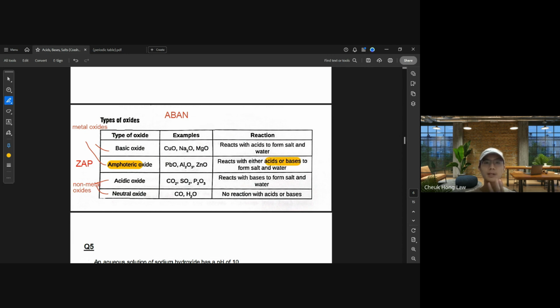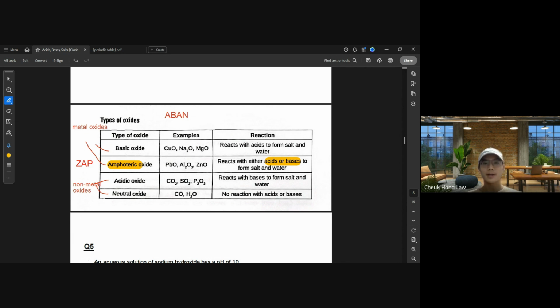There are only 3 types of amphoteric oxides that we learn in our syllabus. Use this acronym ZEP. Z is zinc oxide, A is aluminium oxide, and P is Pb, which is lead(II) oxide.